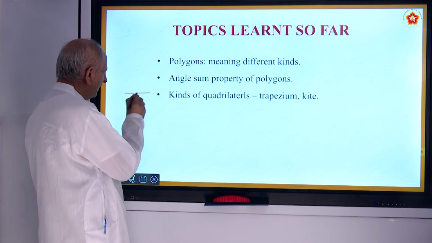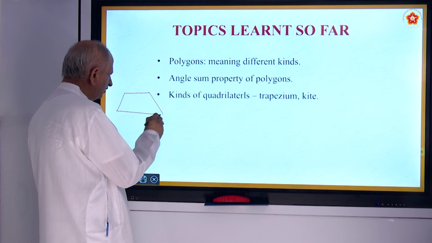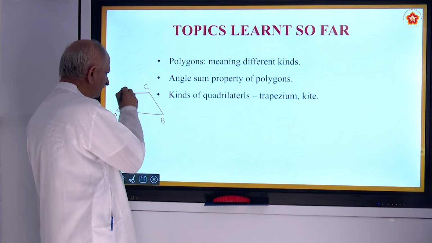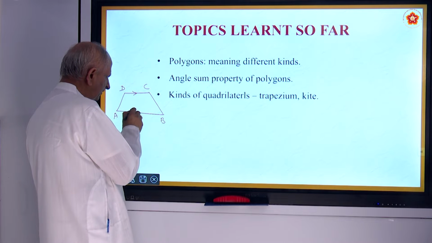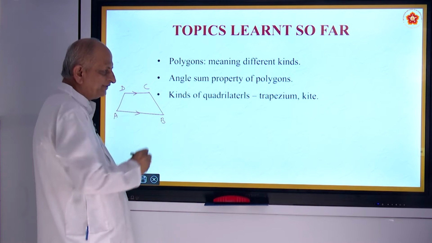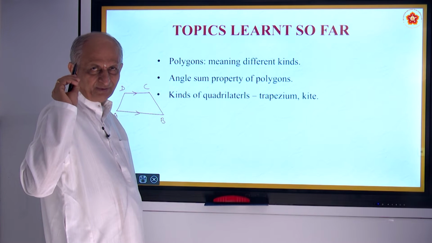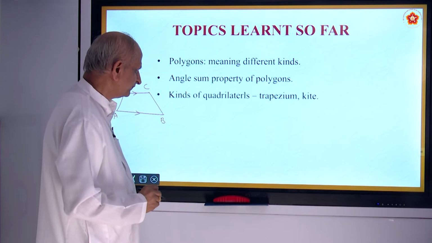Suppose ABCD is a trapezium, it means AB is parallel to CD. And if the non-parallel sides are equal, we call it an isosceles trapezium.